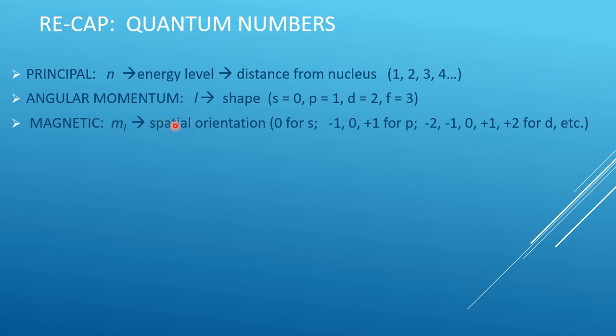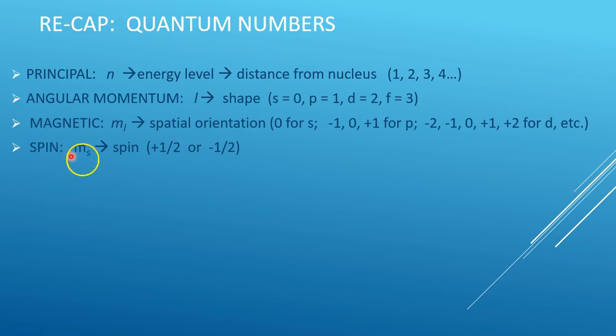It indicates the spatial orientation of the orbital with respect to 3D. So 0 is for s; minus 1, 0, plus 1 is for p; minus 2, minus 1, 0, plus 1, plus 2 is for d, etc. This, for example, is the p orbital representing the px, py, pz.